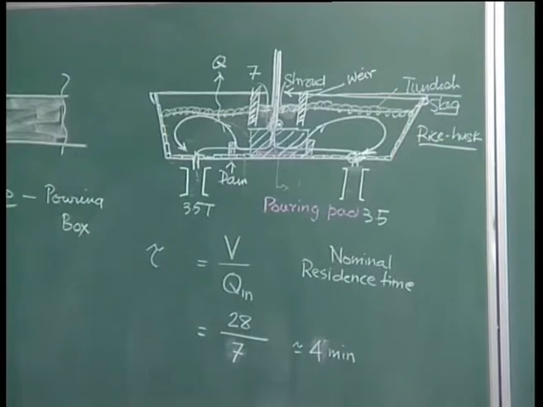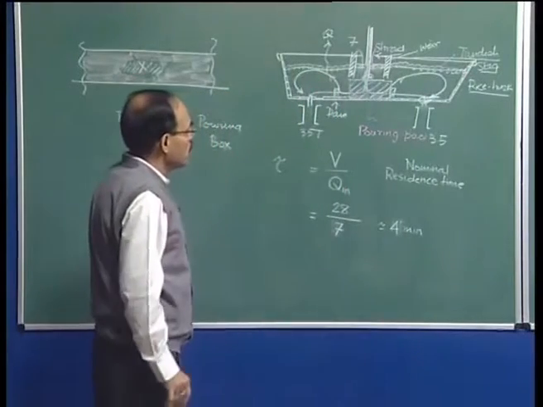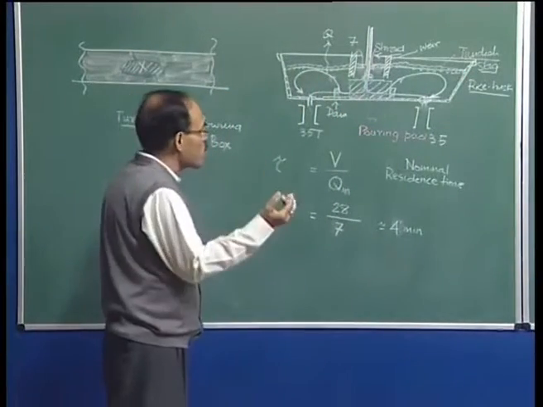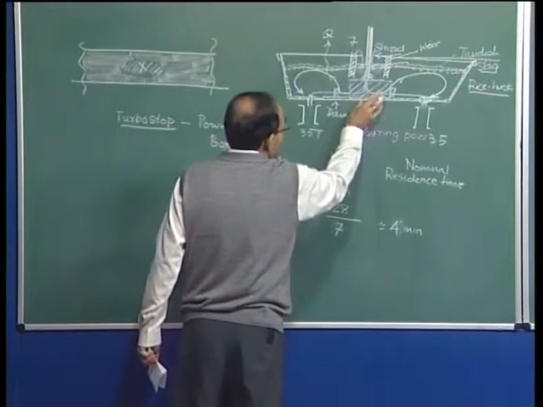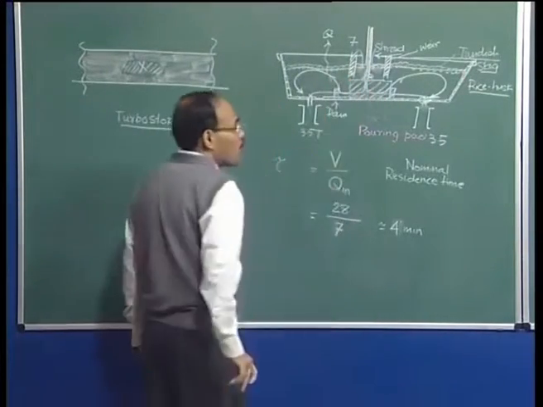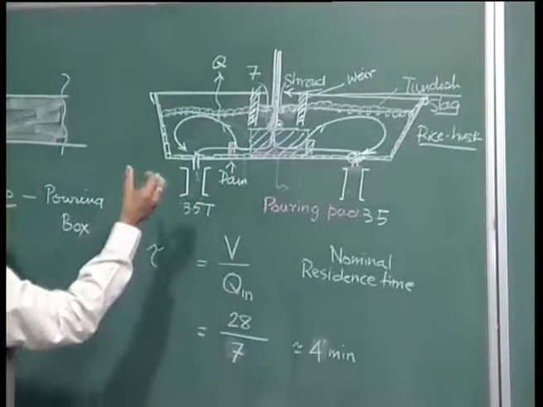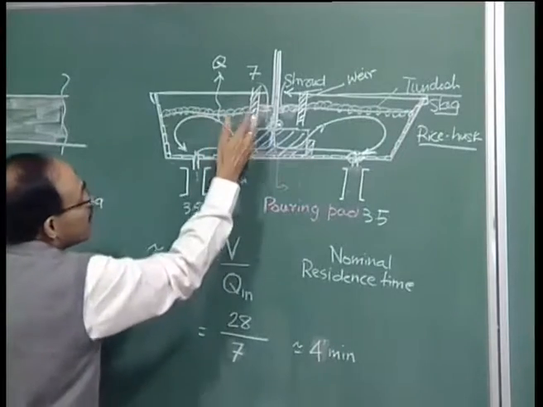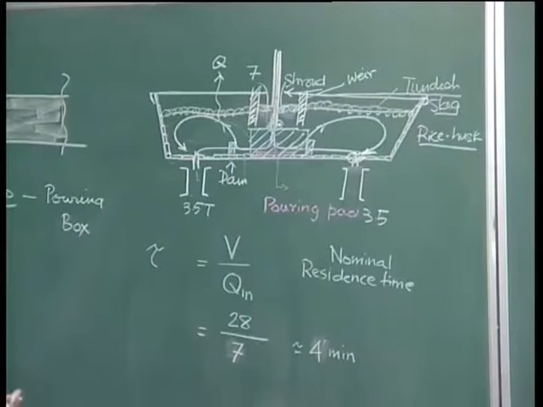Now, many times today, as I said, all these things are not applied together. If I have a turbo stop or pouring box below the tundish, below the stream, then the dam and the weir may not be necessary, because the turbo stop restricts turbulence, and thereby there will be no slag entrainment, and the turbo stop will also create a vertically directed flow.